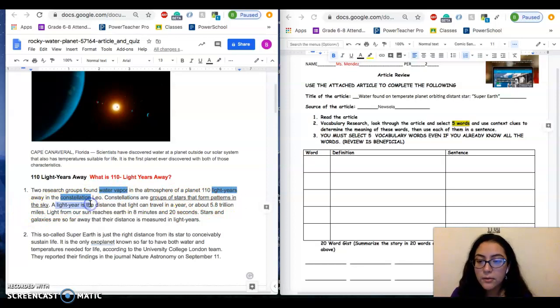A light year, oh man, I'm on a roll. A light year, that's nice. That's the second vocabulary word that I highlighted. Is a distance that light can travel in a year, or about 5.8 trillion miles. So I'm going to go ahead and underline that.